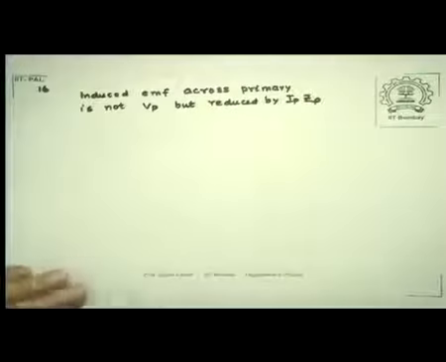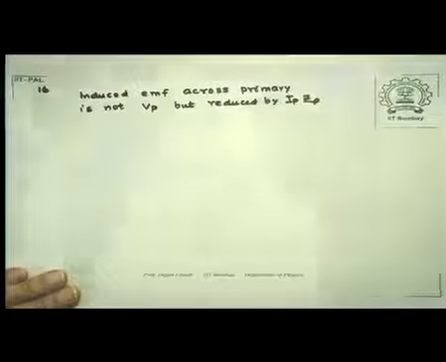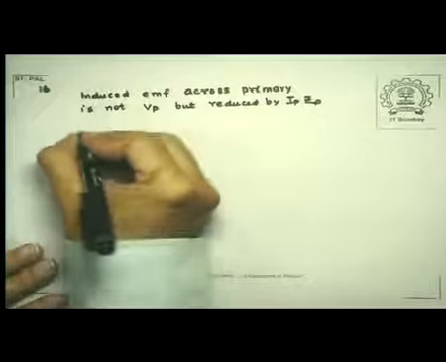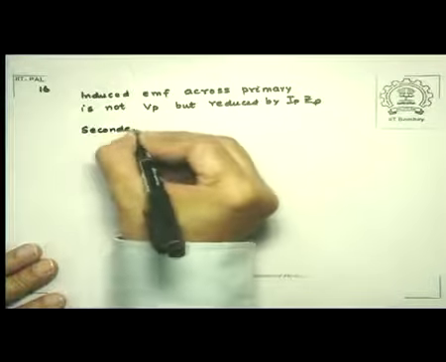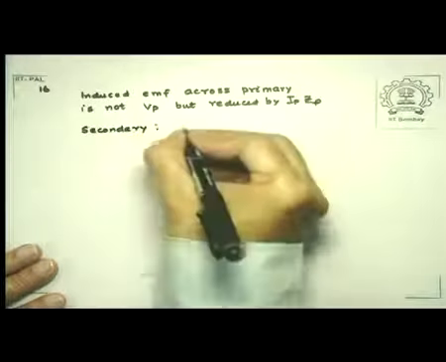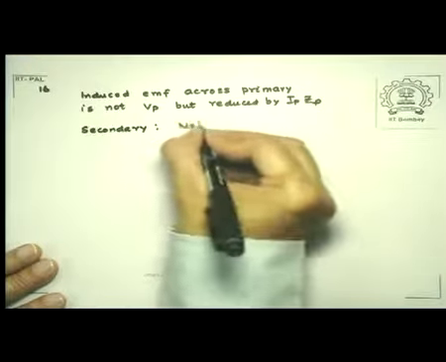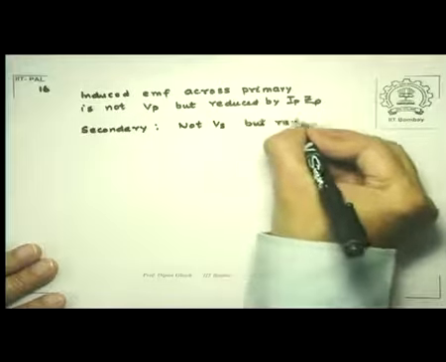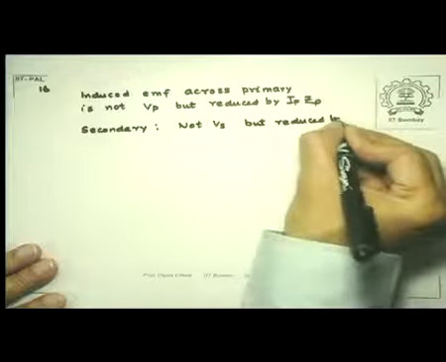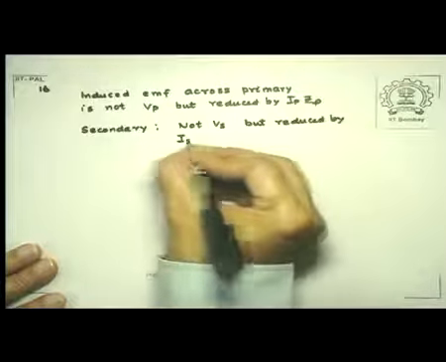Likewise, the voltage induced across the secondary windings is not Vs but reduced by Is times Zs.